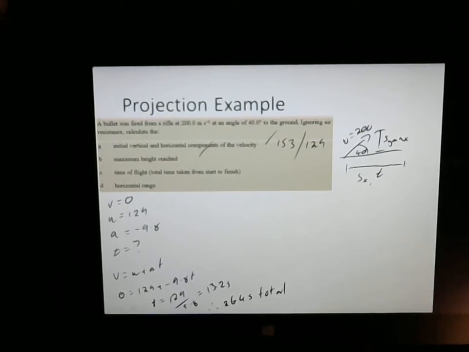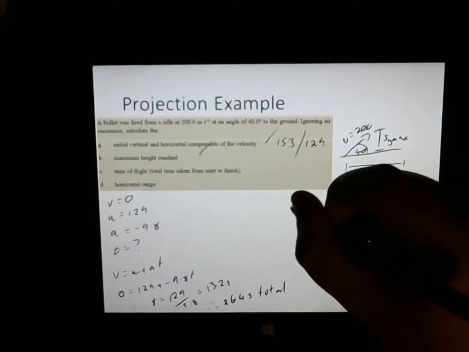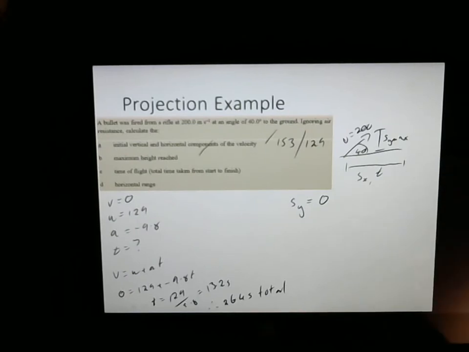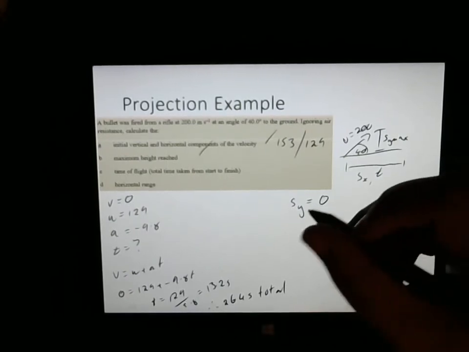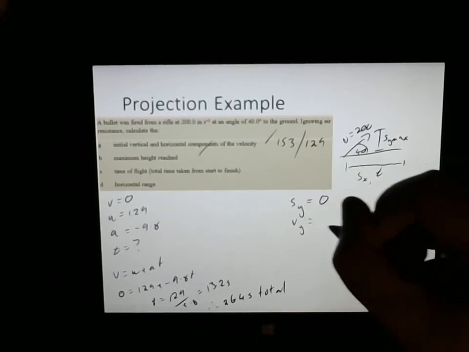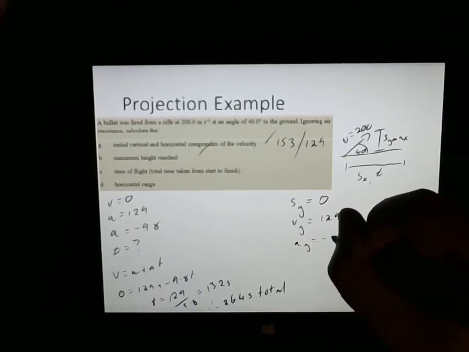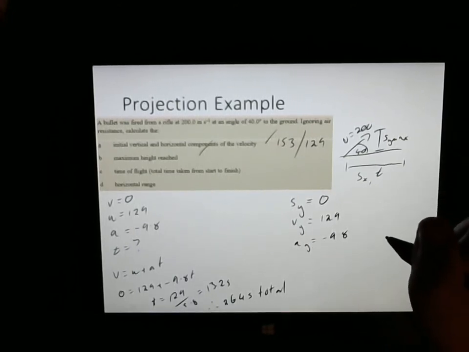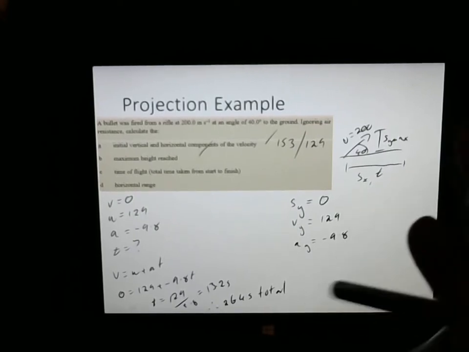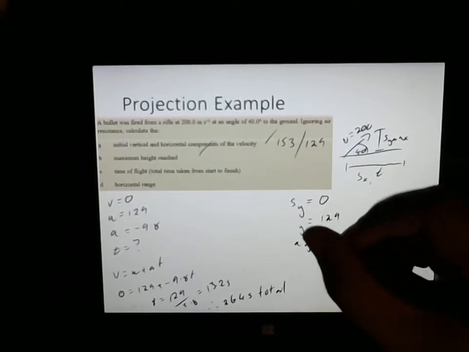But the other thing about it when it comes back down to the ground is there's another assumption we can make. And we can go, well, what about when sy equals 0? Again, we have uy equals 129. We have ay equals negative 9.8. What's really cool though is that, sorry, that shouldn't be v, that should be a u.